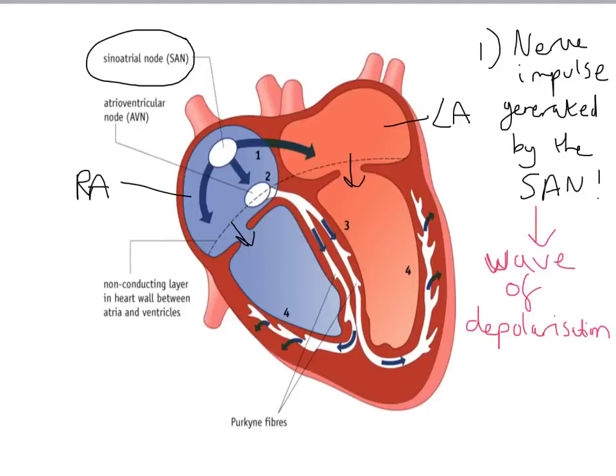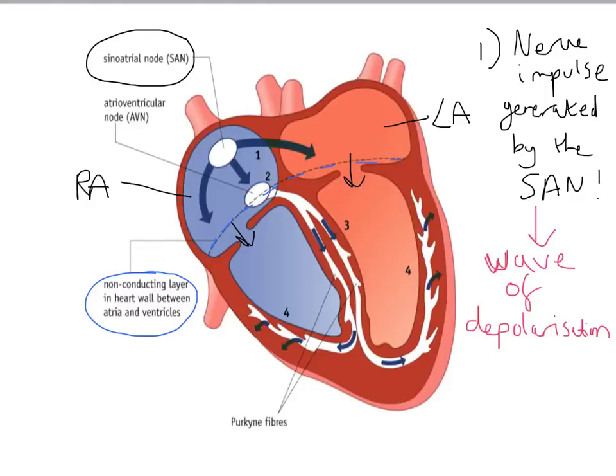Now you can see just here, we have a non-conducting layer in the heart, a wall, if you like, between the atria and the ventricles. It's this dashed line that we've got here. Now that's really important because if that electrical impulse were to spread down the atria and they would contract and push blood into the ventricles, but then that impulse immediately passed to the ventricles, they would contract instantly, even if they're not full.